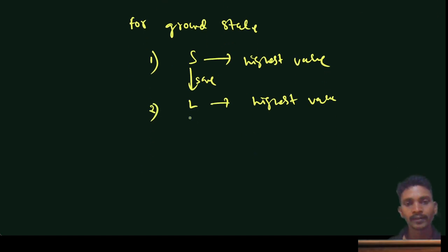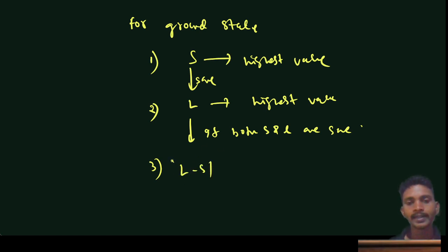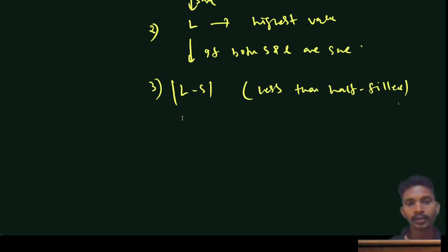And if both S and L are the same, then we go for L minus S if less than half filled, and L plus S if more than half filled.